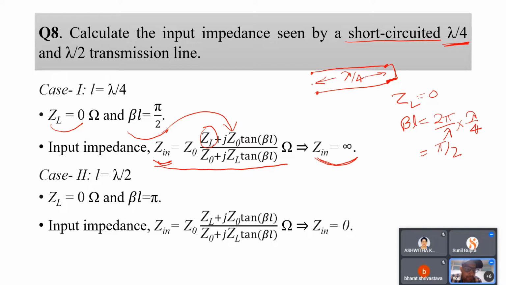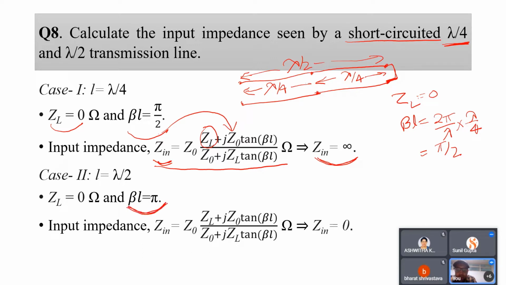Whereas once you change the length to lambda by 2, meaning another lambda by 4 is added, in that case the Zin will be defined as follows.